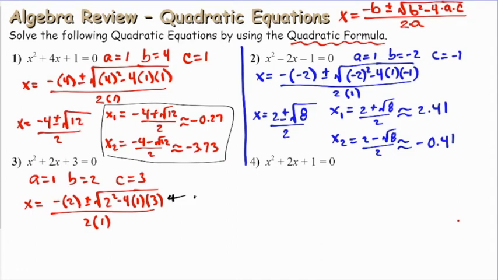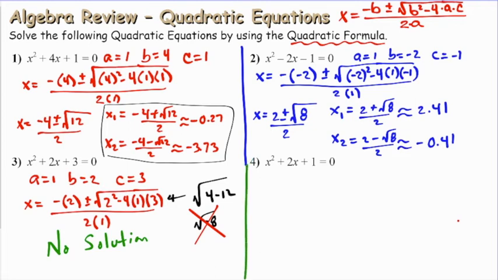Notice that we have the square root of 4 minus 12, which is the square root of -8. And right there, we cannot have the square root of a negative number, so this has no solution. So try number 4 on your own and see what you get.